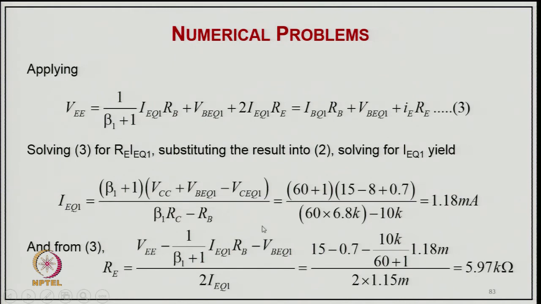So, substituting for this RE I, it results in the second equation IQ equal to (beta 1 plus 1) in bracket VCC plus VBQ minus VCQ divided by beta 1 RC minus RC, and putting in the values it comes to 1.18 milliampere. From here RE becomes VE minus 1 upon beta 1 plus 1 IQ1 RB minus VBQ upon 2 IQ1, and putting in the values it comes to 5.97 kilo ohm.